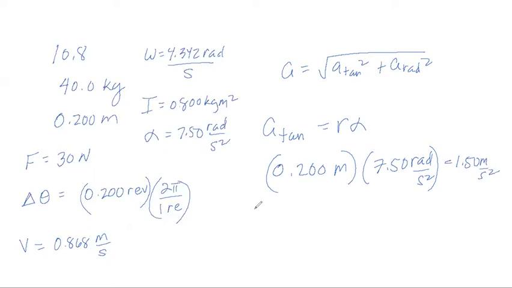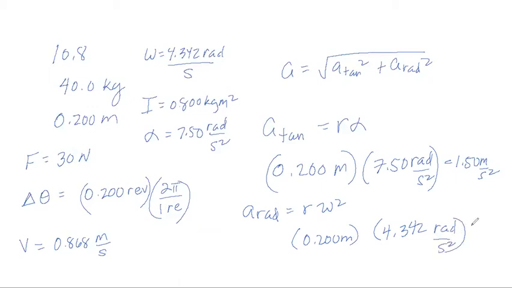And that's a tangential. A radial is going to be equal to R omega squared. And that's going to be equal to 0.200 meters times 4.342 radians per second squared.